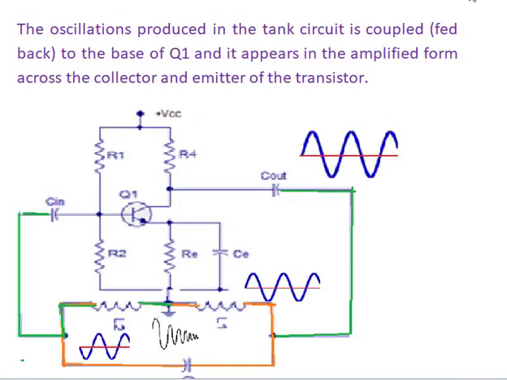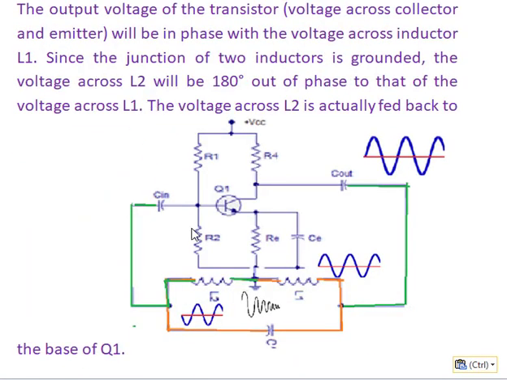See here, the voltage across the inductance coil L2 is 180 degrees out of phase to that of this voltage. So, the voltage across L2 with 180 degree phase shift is given here. This transistor amplifies, again inverts the phase by 180 degrees, and gives a total of 0 degree or 360 degree shift in phase.